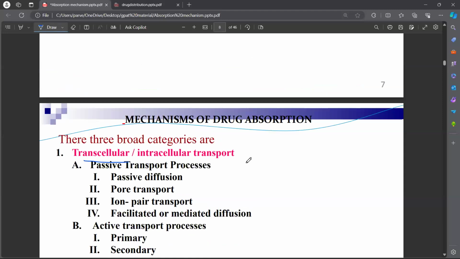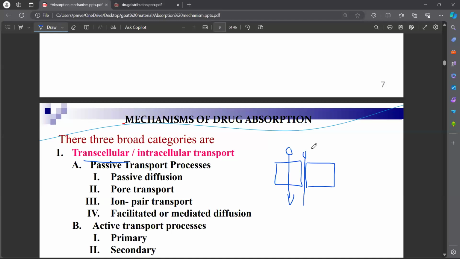So let us consider this as a cell and this as a cell. The transport of a molecule through the cell is nothing but transcellular. If the transportation occurs through the gap junction present between the cells, it is paracellular. So this is the difference between transcellular and paracellular.